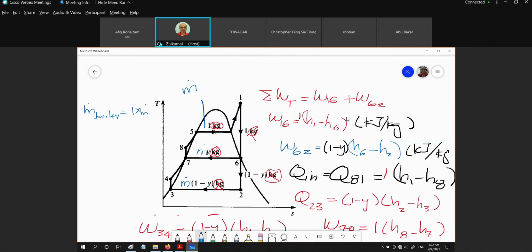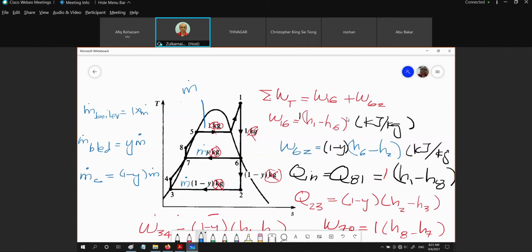And then the m dot for the bled steam is equal to Y multiplied by m dot. And the m dot for the condenser is equal to 1 minus Y multiplied by m dot. Okay, so this is the flow involved.